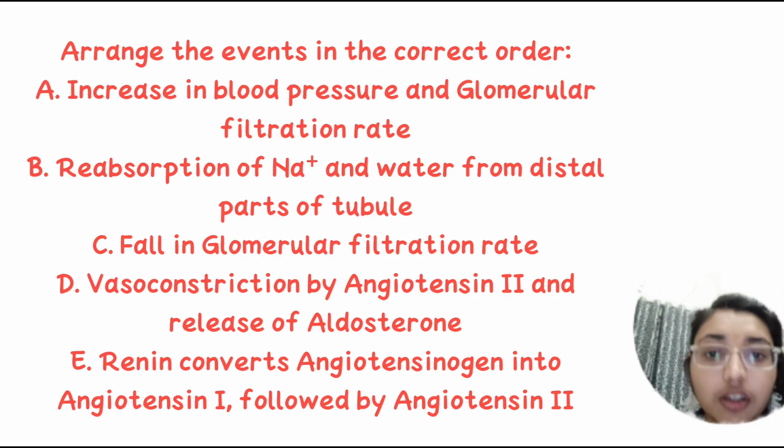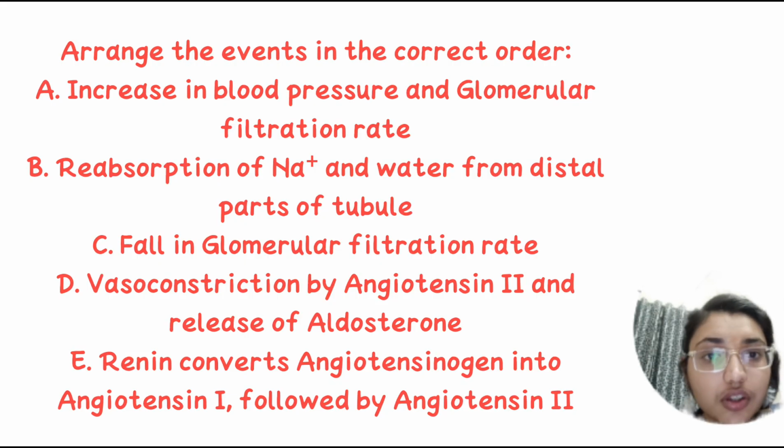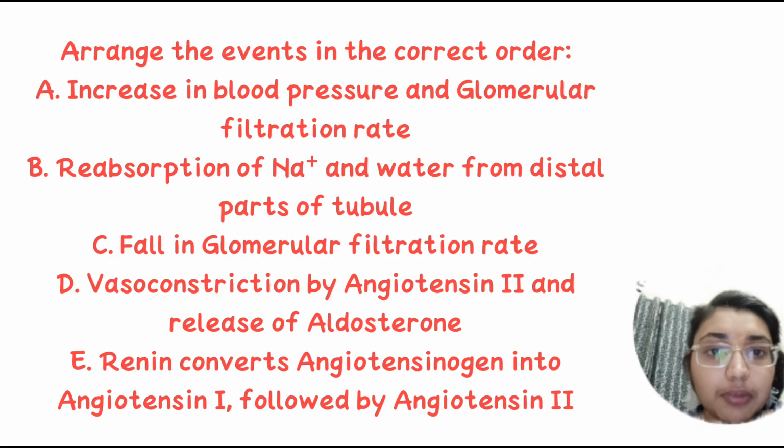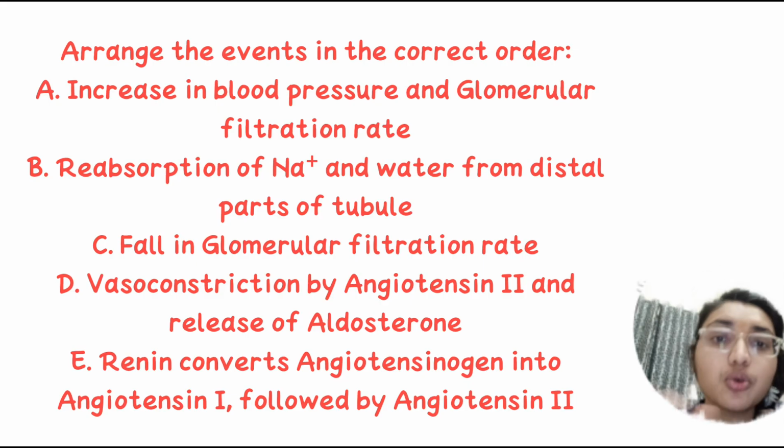After that, the vasoconstriction by angiotensin 2, and then there is release of the aldosterone. Okay, aldosterone will be released, and after the release of the aldosterone, what is happening? The reabsorption of the sodium. The sodium will be reabsorbed and water from the distal part of the tubule.